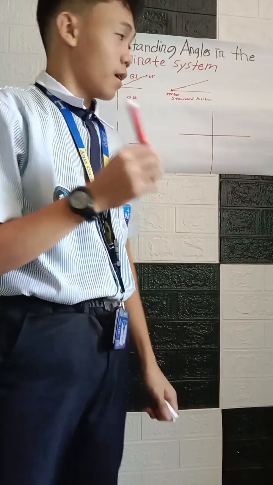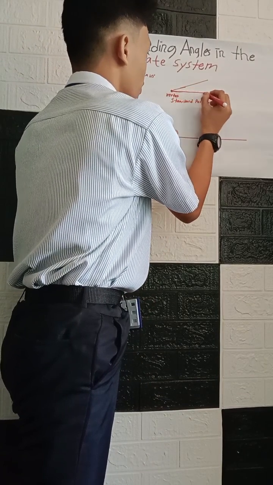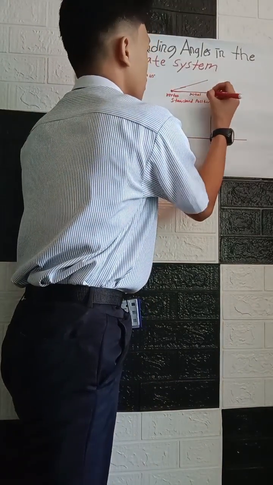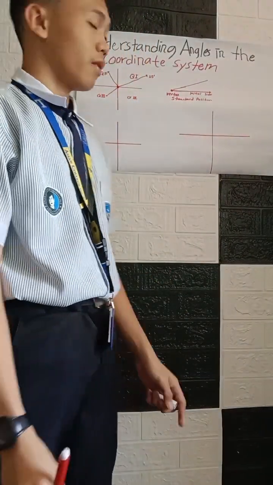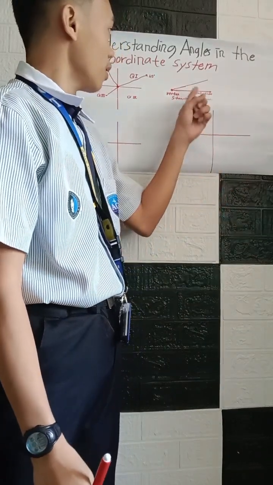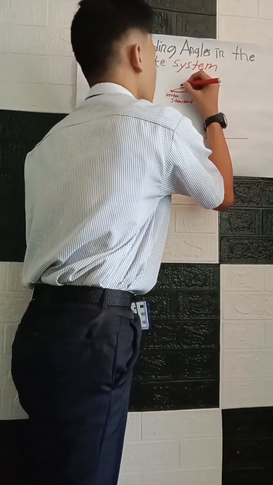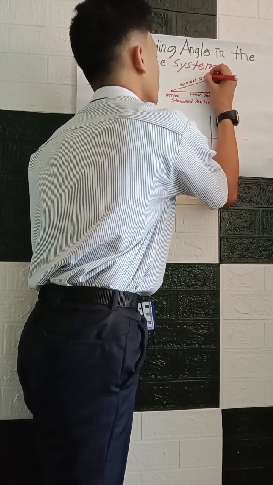The ray on the x-axis is what we call the initial side. And where the angle ends, that is what we call the terminal side.